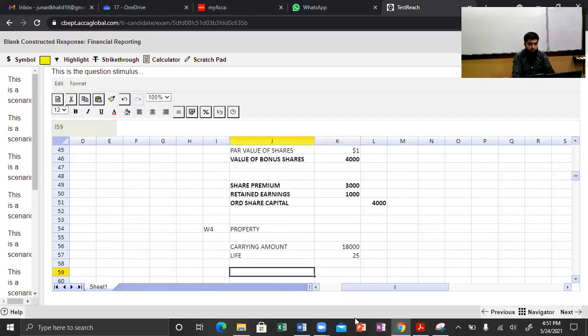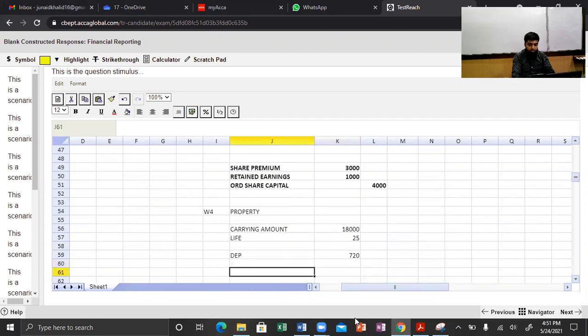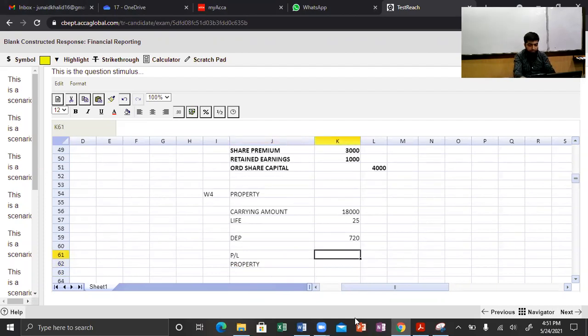So let's calculate the depreciation. 18,000 divided by 25, the depreciation is 720. What adjustment is required? That is PNL debit and property credit, with the amount of 720,000, that is the debit and credit.